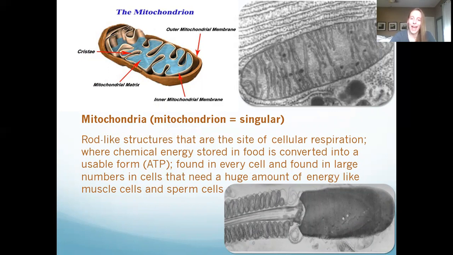All cells have mitochondria in them. However, cells that require more energy tend to have more of these. So cells like muscle cells that need a lot of energy to allow you to move, sperm cells that need a lot of energy so they can swim, are going to have more mitochondria than, say, a skin cell.